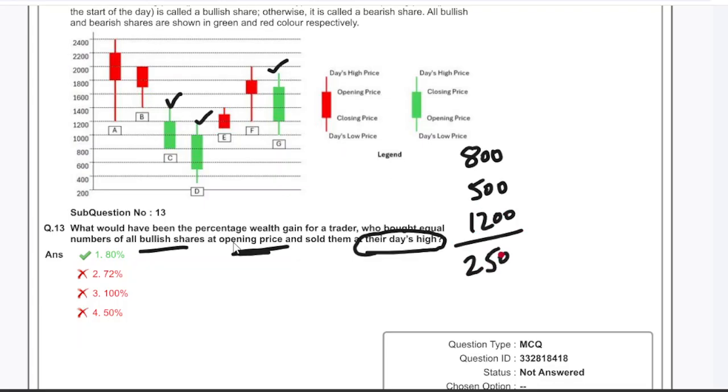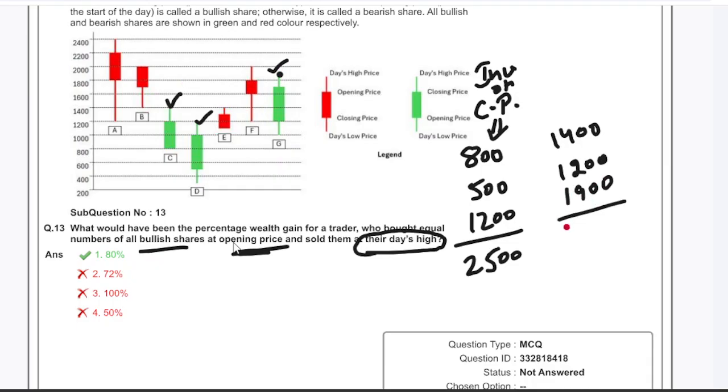We are assuming only one share was bought to keep our calculation minimum. So this is, we can say, the cost price or investment, whatever you want to call it. And the selling price is the day high. So here the day high is 1400. For D it is 1200, became 2600 till now. And here the day high is 1900.